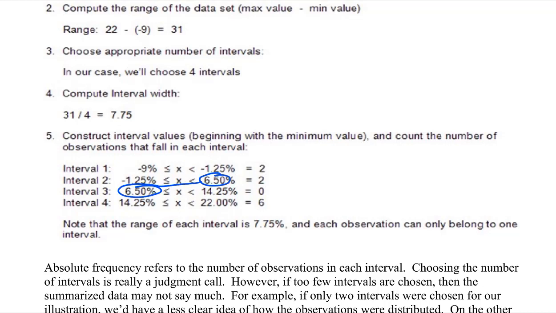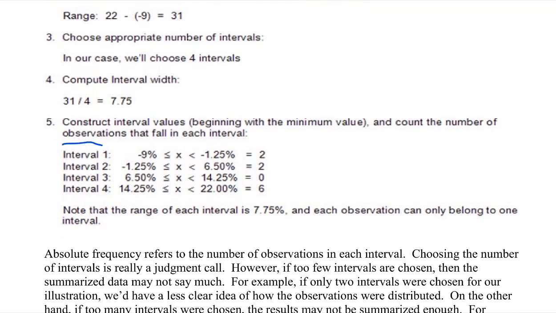Interval 3 picks up there, adds 7.75, takes all the way to 14.25. Interval 3 stops at 14.25. Interval 4 starts at 14.25, and you add 7.75, and so the highest interval ends at 22, which of course is the highest value observed in the data set.